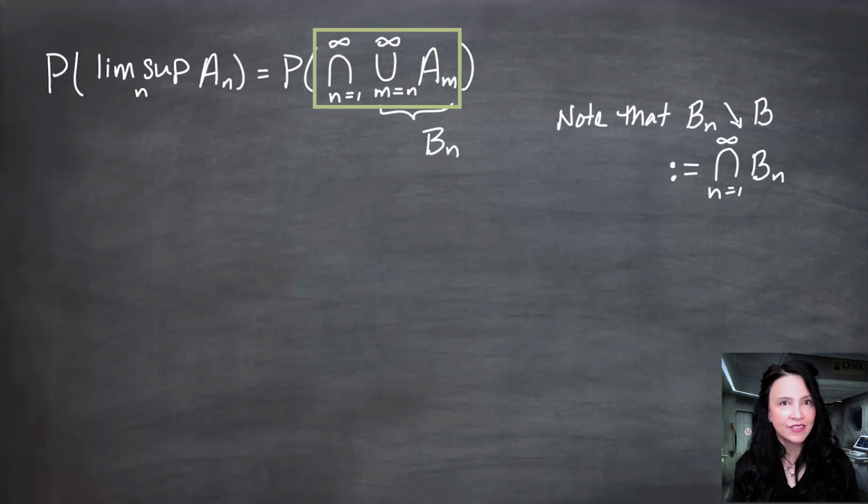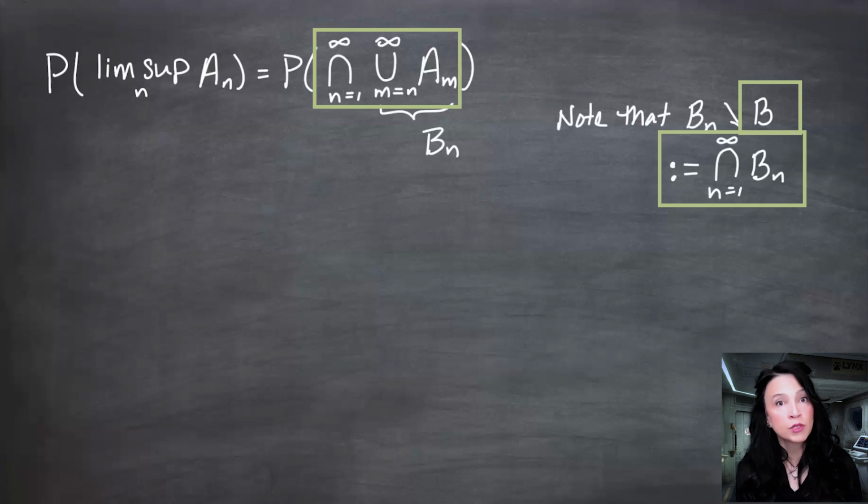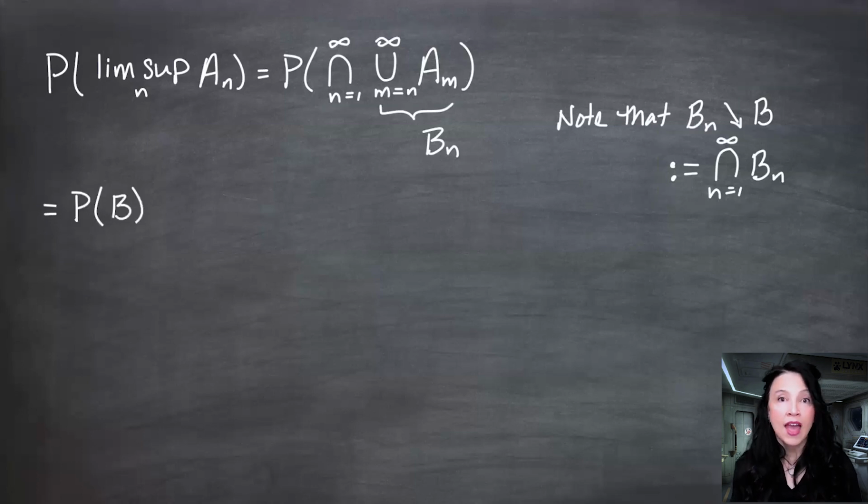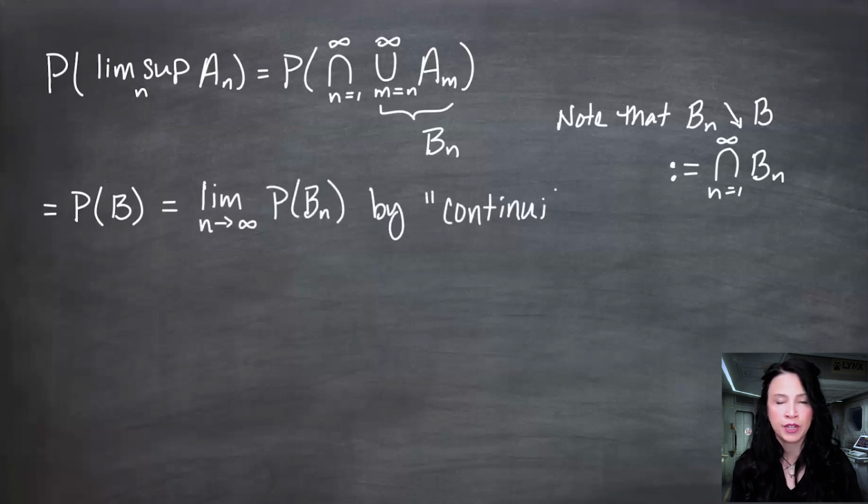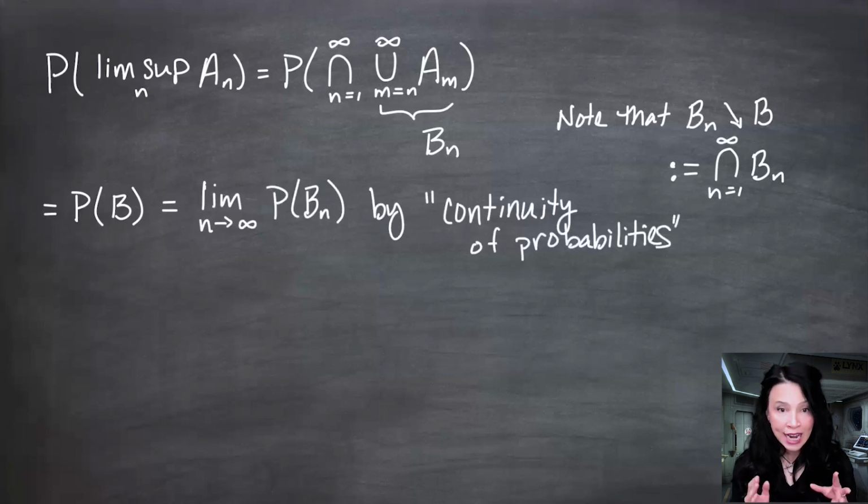So here I have an intersection of some B_n's, and we're defining that to be B. So this whole thing becomes the probability measure of B. And because the B_n's are decreasing to B, by continuity of probabilities, by that theorem, part II, we can say that this probability measure of this limit is equal to the limit of the individual probability measures. So now I'm going to rewrite the B_n as the union it is of the A_m's as m goes from n to infinity.